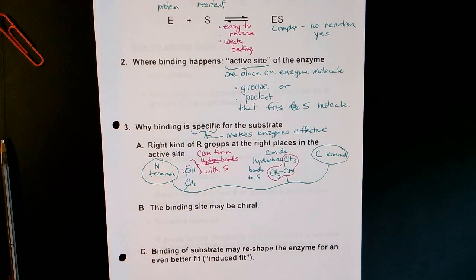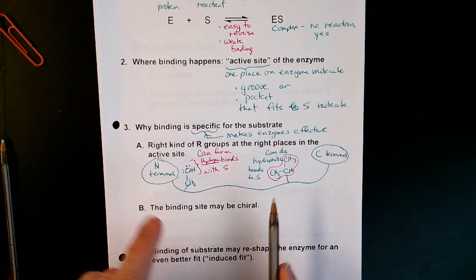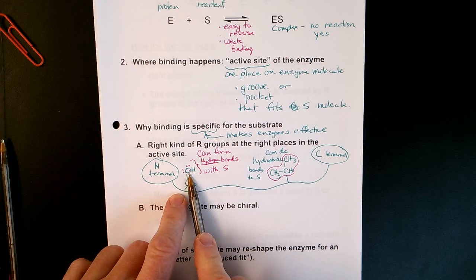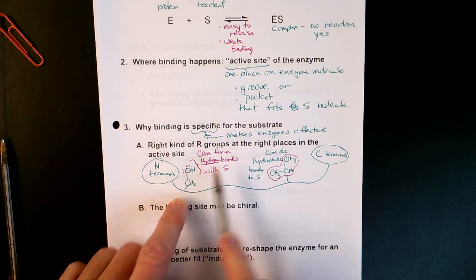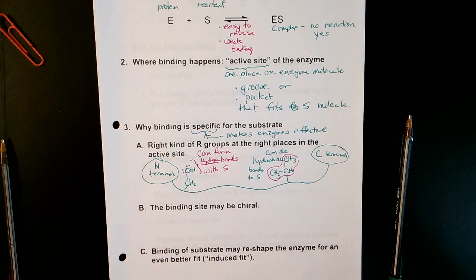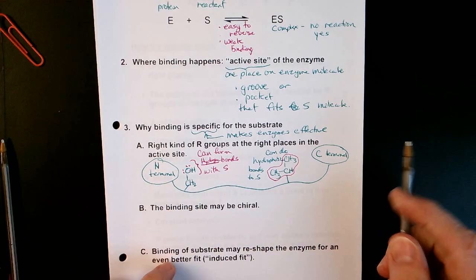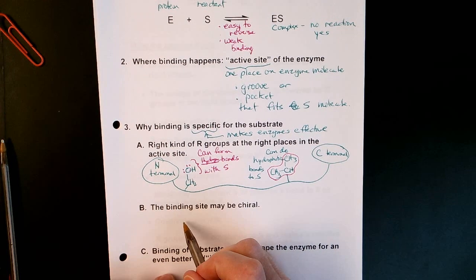So there's two different examples. Any kind of force we've talked about before, it can happen. Except now it's going to happen between the R group that's dangling out of this enzyme and the substrate. So we're talking about a bond between an extremely big molecule, the enzyme, and potentially a very little one. That's what a lot of the metabolic reactions look like.